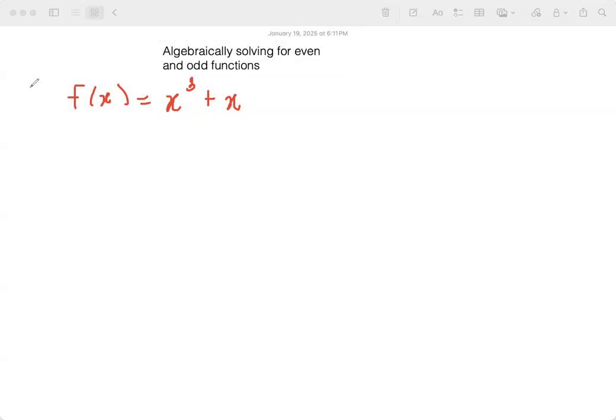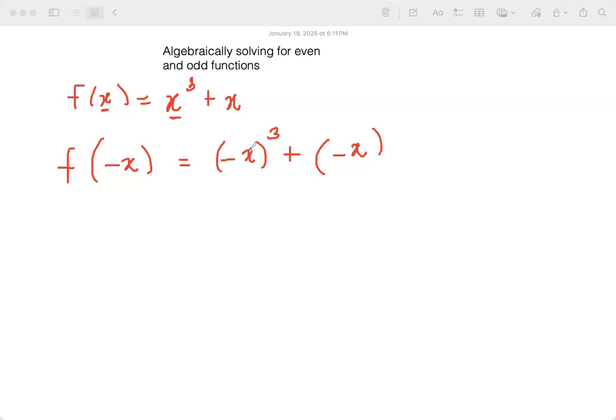What I need to find out is, wherever I have x, I need to substitute minus x. So see what I'm doing. I'll substitute minus x in here, the whole cubed, plus wherever I see x, I'll substitute a minus x. See now what happens?